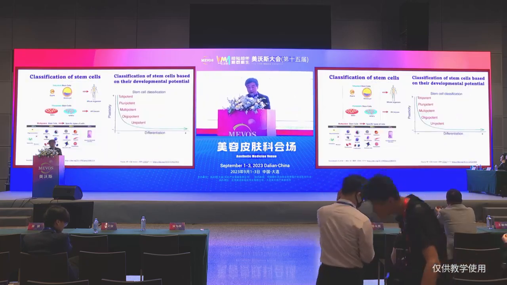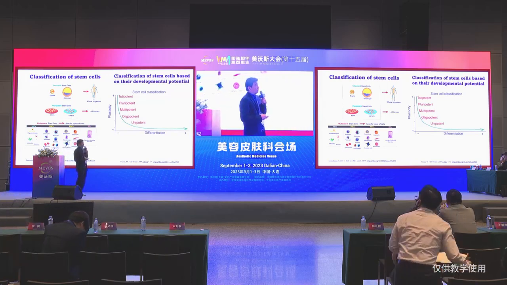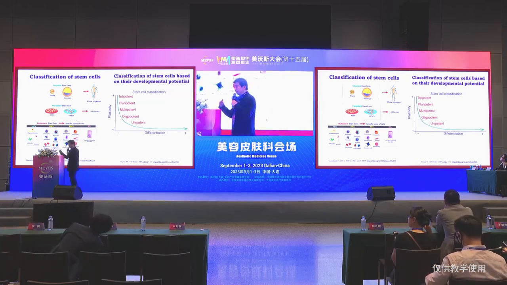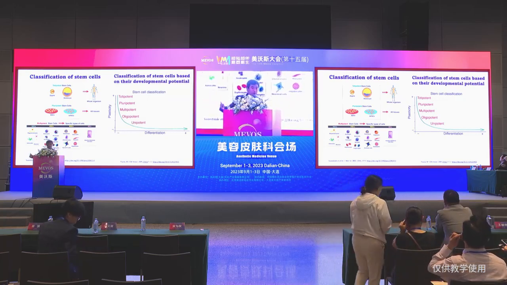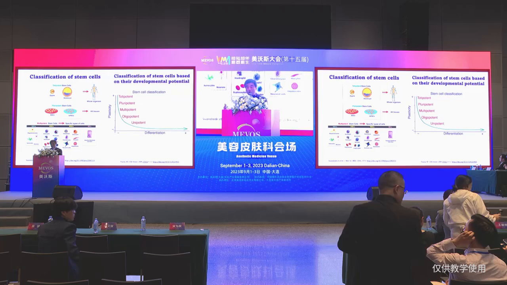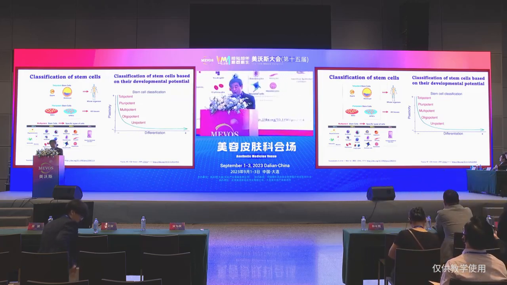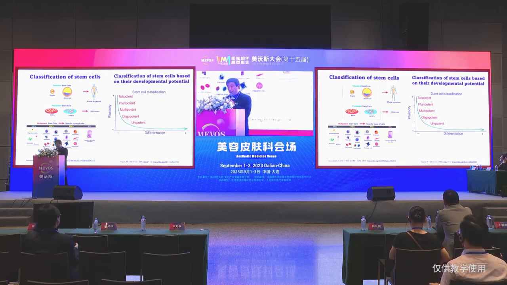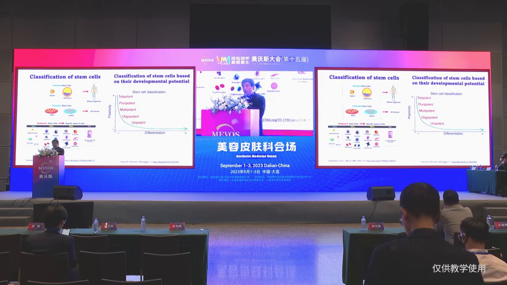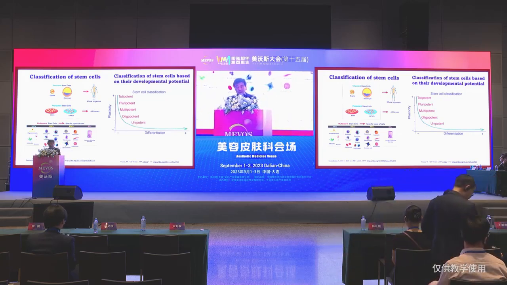If we look at the stem cell classifications, the first one is the stem cell that can develop the entire human organism. The second stage are the embryonic stem cells, which have pluripotency and can differentiate into all types of tissues.